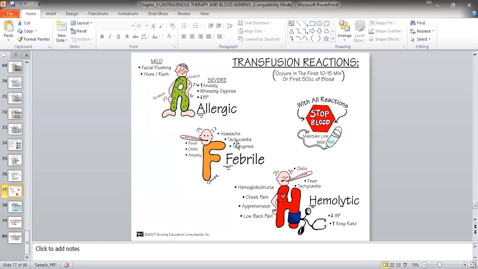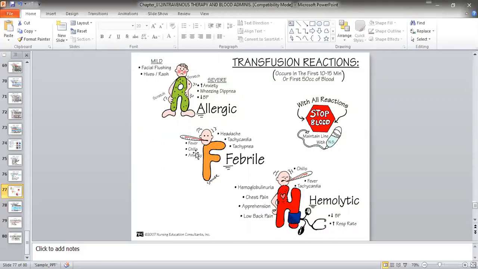If the patient develops febrile reaction, the patient goes for tachycardia or tachypnea. Tachycardia means increased heart rate. Tachypnea means increased respiratory rate.